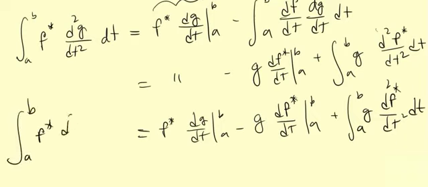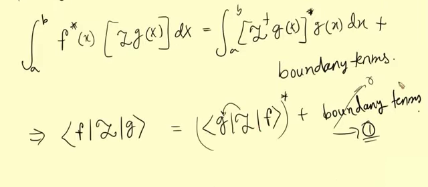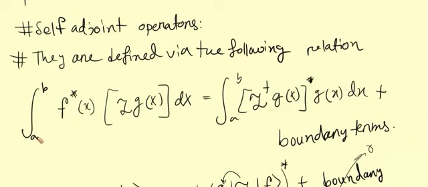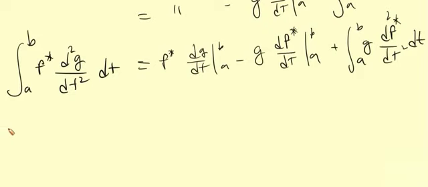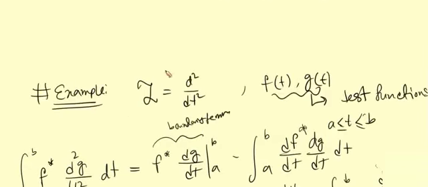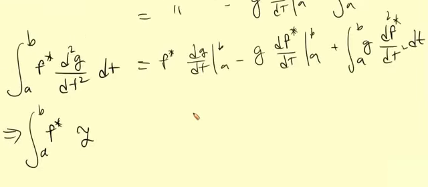let me just write this left hand side down again so that you can easily compare this thing. If you compare it with this one over here, you can see that this is a similar structure, because L was this d squared dt squared, right? So let's write it again. That is integral b a f star L, that is the second derivative with respect to t defined over here, and then this is acting on g over here, right?